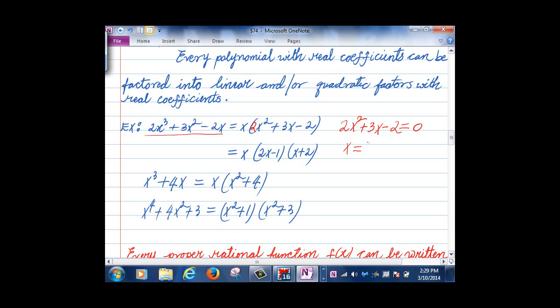By the quadratic formula, this is negative 3 plus or minus the root of 3 squared minus 4 times 2 times minus 2, divided by 2 times 2, right? You guys agree with that?